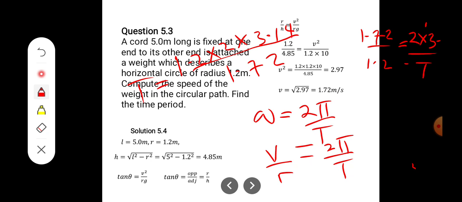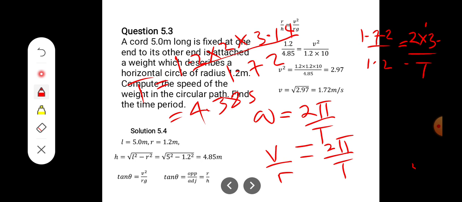So let's use our calculator here. We have 1.2 times 2 times 3.14 divided by 1.72. That's giving us 4.38. So that means the period in this question is 4.38 seconds. Okay, this is a beautiful one.